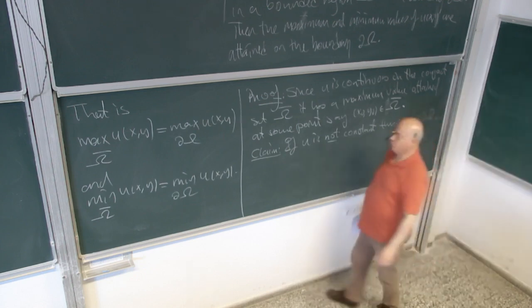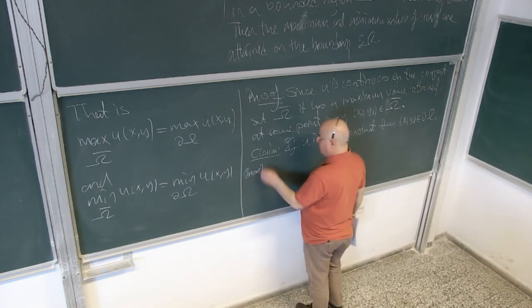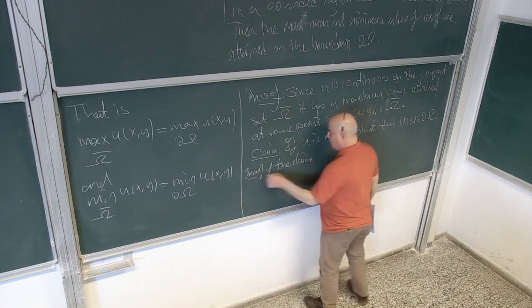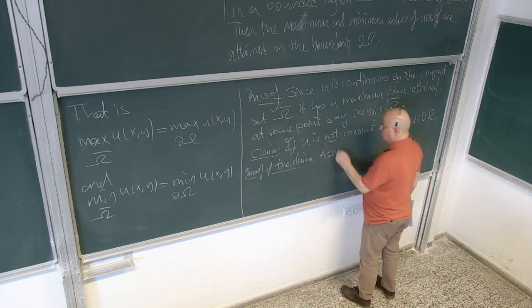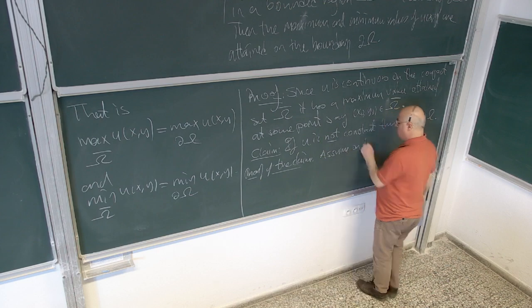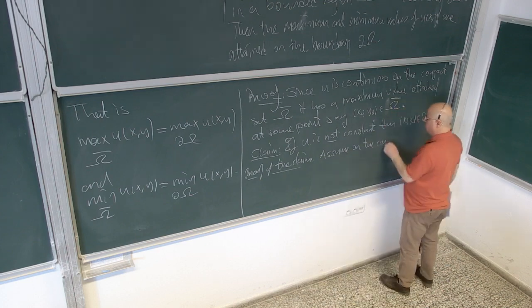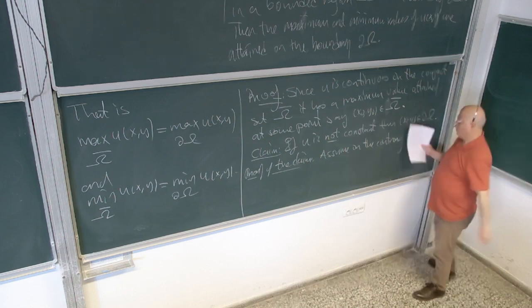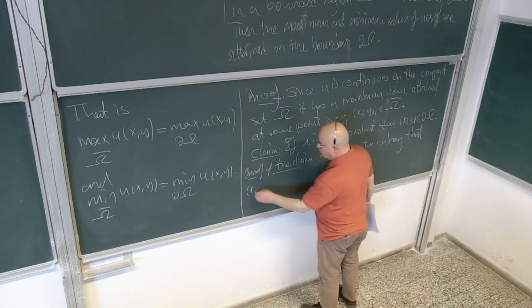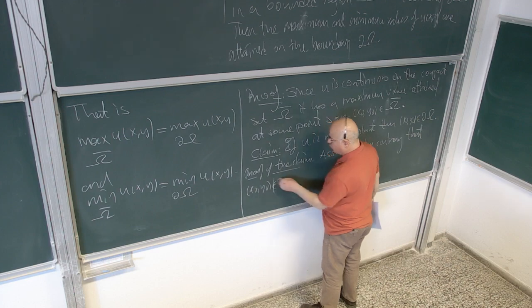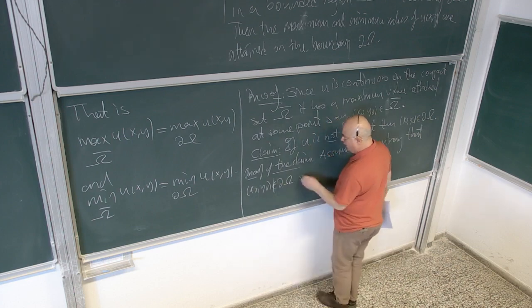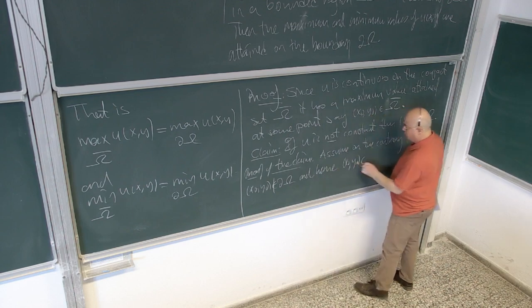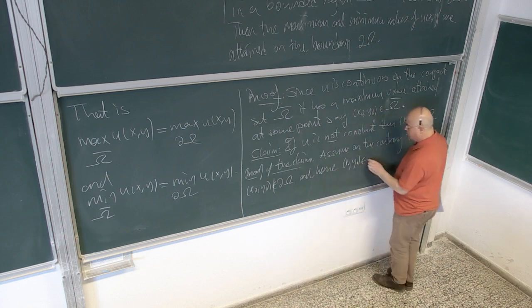Bunun ispatını yapalım. Proof of the claim. Assume on the contrary that this x0 y0 is not on the boundary and hence x0 y0 is inside the region.